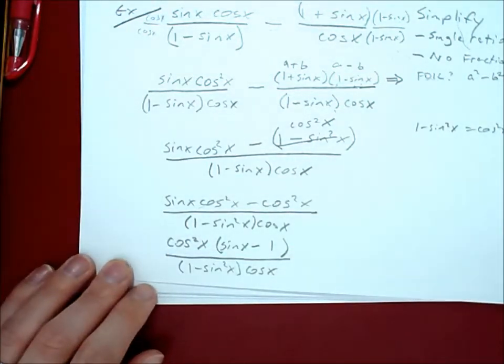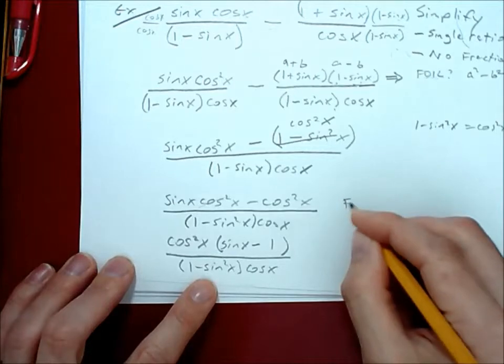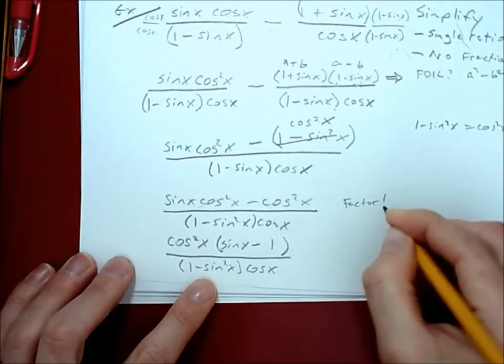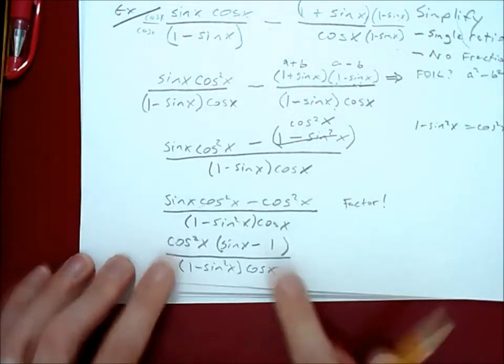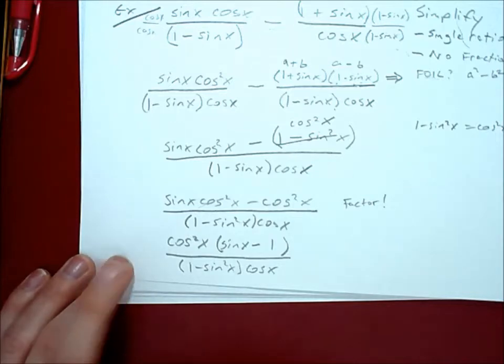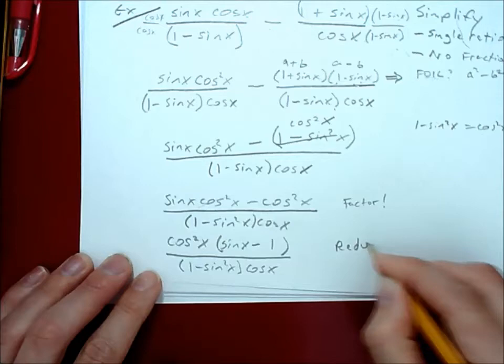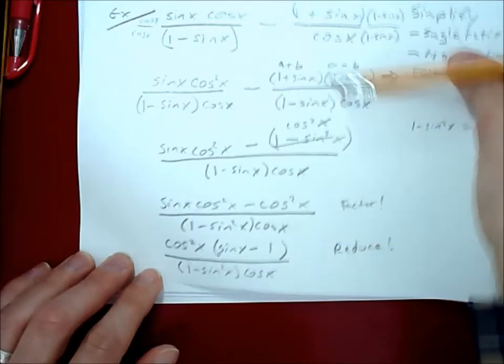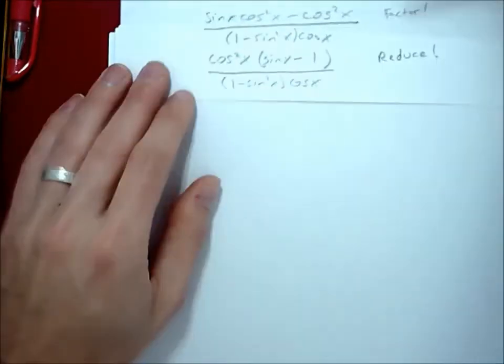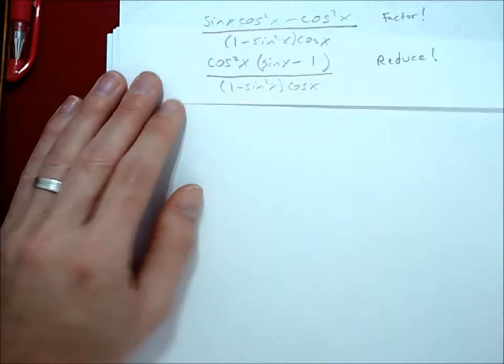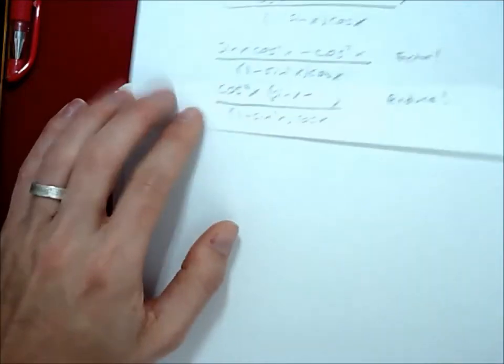Once I have them factored, I can try and reduce the fraction. So now I'm going to look for things on the top and the bottom that cancel out. Do you see anything here on the top and the bottom that could cancel out?